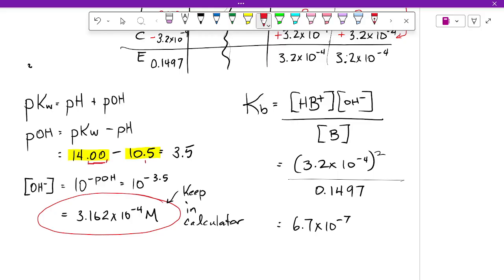Here we only have 1 sig fig. So this has only 1 sig fig. So this should have only 1 sig fig. So this is going to round to then 7 times 10 to the negative 7. Yeah?